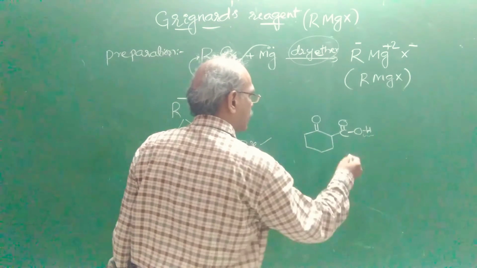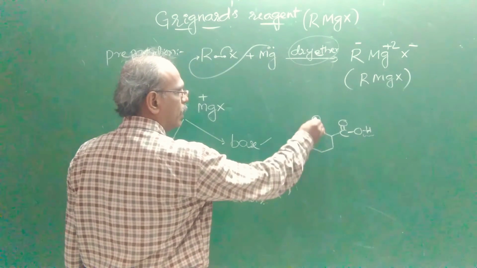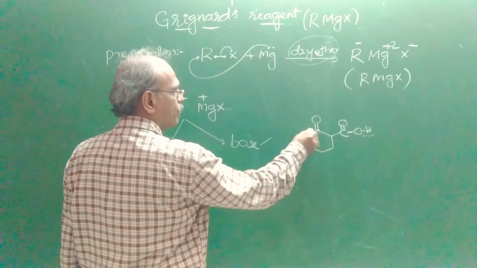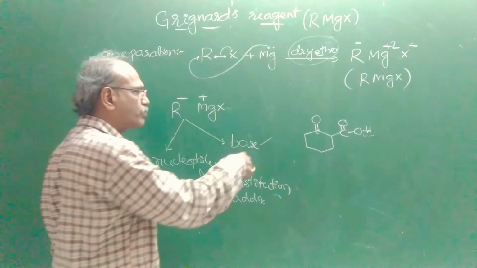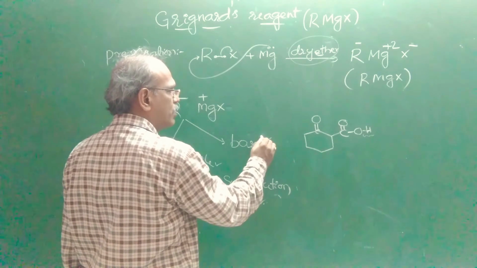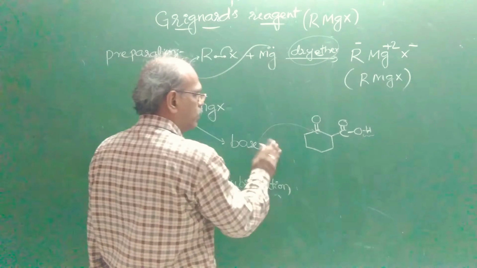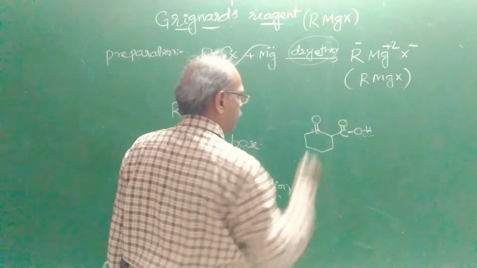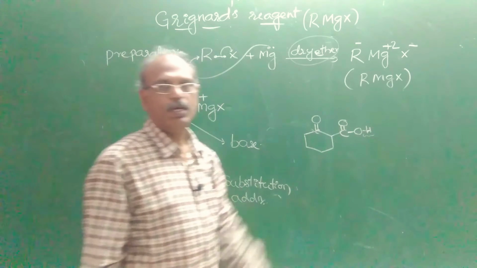It can give up H plus, and because of the electronegativity difference, this carbon gets a positive charge, delta plus. So generally we expect donation of the electron pair here, nucleophilic addition, and here an acid base reaction.